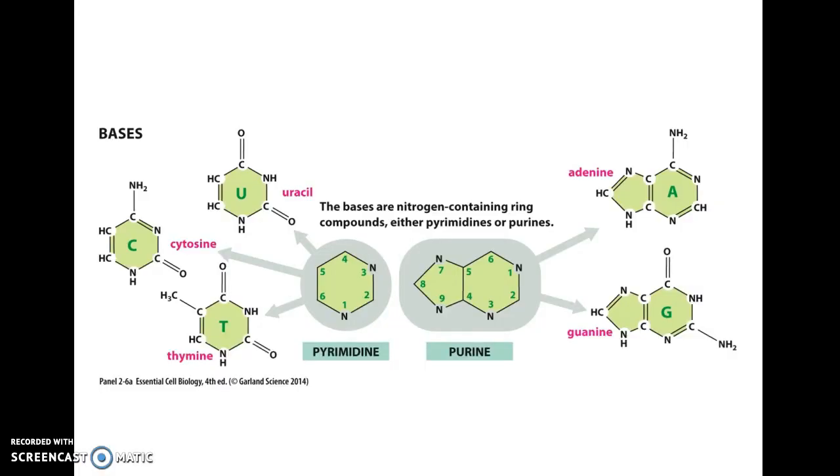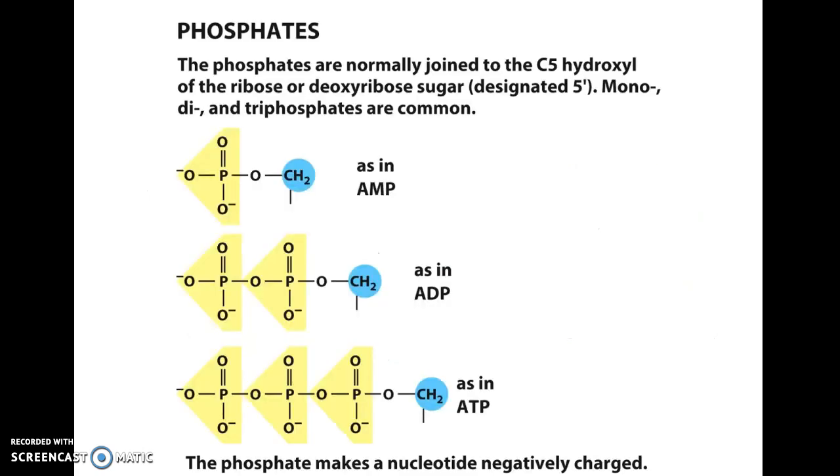And then, like I said, for DNA, you've got a purine like guanine and adenine, or a pyrimidine like thymine, cytosine, and uracil. This nitrogenous base is hooked up to a ribose and then to three phosphates.